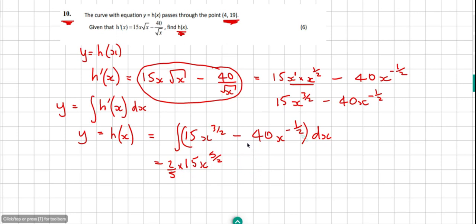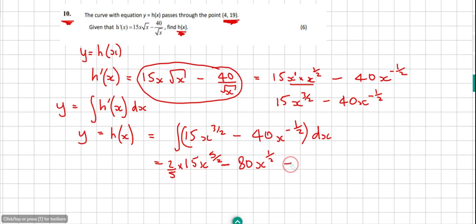And then we're going to do the same here. If we add 1 to the power on the x there, add 1 to minus a half, I get positive a half. And I'm going to divide by the new power, so dividing by a half, which is the same as multiplying by 2. So the minus stays as a minus, because we're multiplying by positive 2, and it becomes 80. I've divided the 40 by a half, which has the effect of multiplying it by 2.